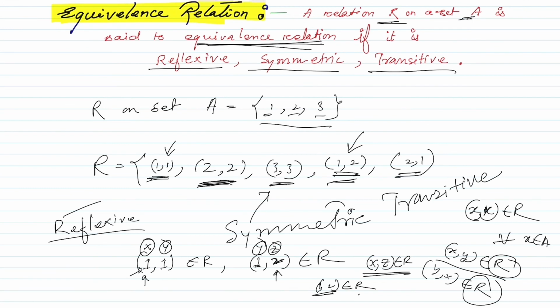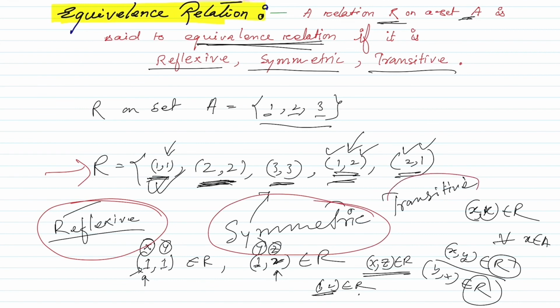Again, if you have (1,2), (2,1), you again have (1,1) as well. So that's how you can say it is transitive. Hope you have understood. As this relation R satisfies all three conditions of reflexive, symmetric and transitive, it is an equivalence relation.